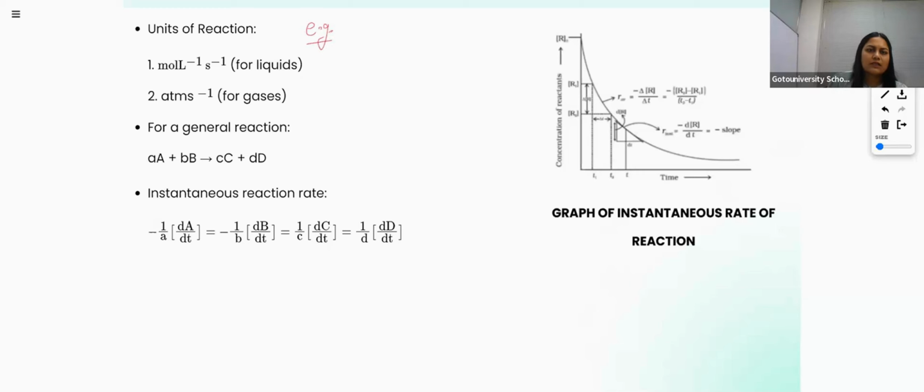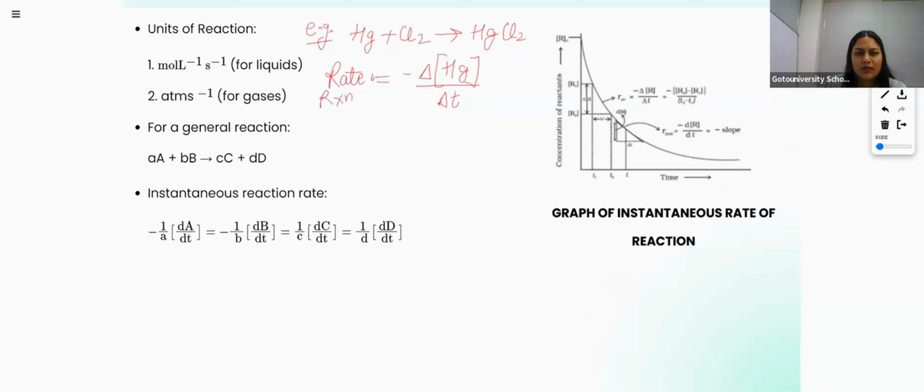So let us try to write the rate of chemical reaction for this example. Mercury and chlorine combine and form HgCl2, mercury chloride. How are we going to write the rate for this reaction? For the reactant side, it will be minus delta of the molar concentration of reactant, this is the rate of reaction for reactants, and similarly for Cl2.